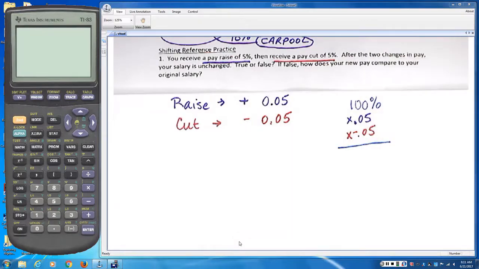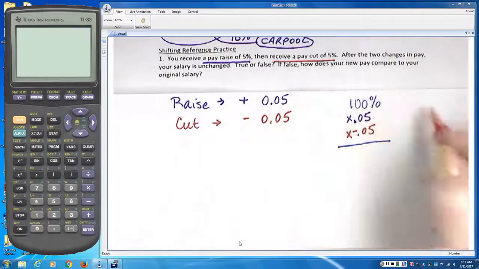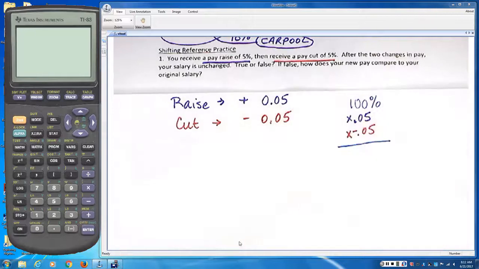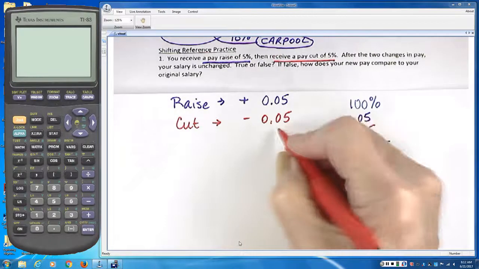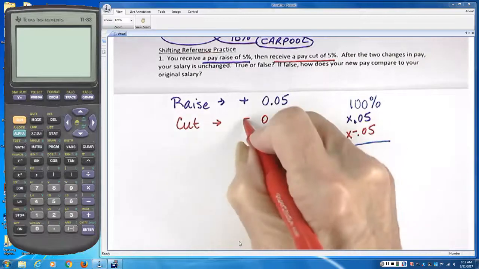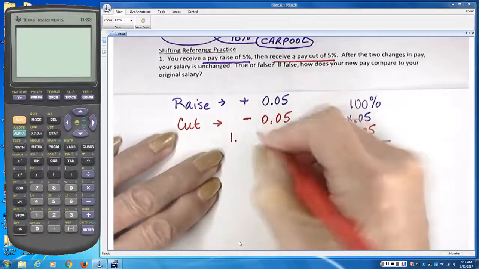Now, what do we do with that negative 0.05? Well, since it's a cut, what we're doing here is we're actually taking 100% and adding 0.05. But here, whatever you're making at that point, since it's negative, you're actually going to subtract 0.05.